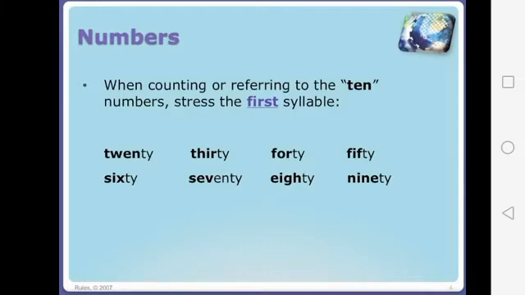The same thing will happen to 80. You have to put the stress on the first syllable, which is A. The same thing will happen to 90. You have to put the stress on the first syllable, which is 9. So we have to put the stress on the first syllable, not on the second syllable.